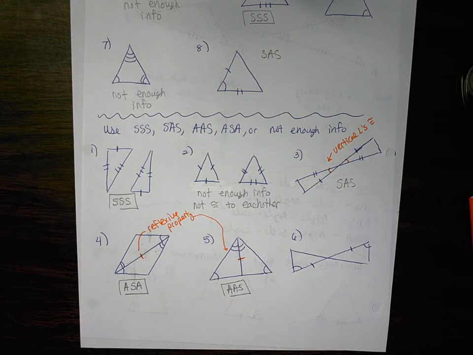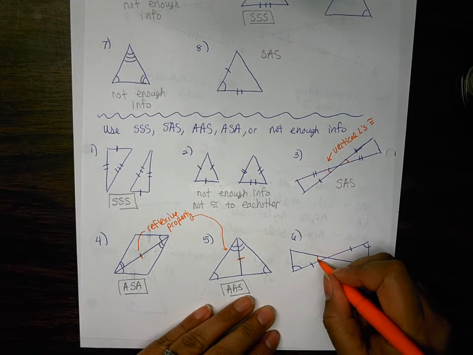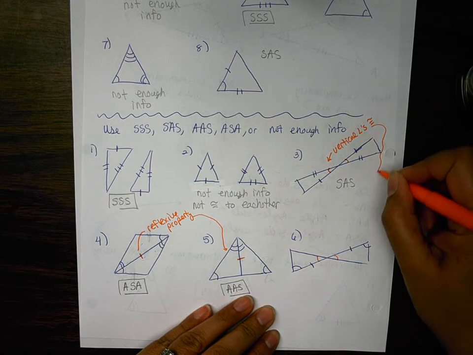How many sets marked already on the picture? Just the one. How many sets of side markings do I have? 1. What can I add? A vertical angle or a reflexive side? Do you guys agree I can mark vertical angles? And it's okay to mark them because we know all vertical angles are congruent.